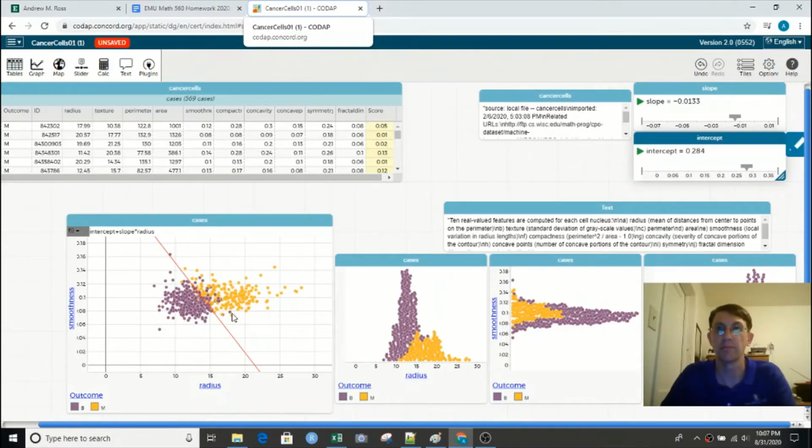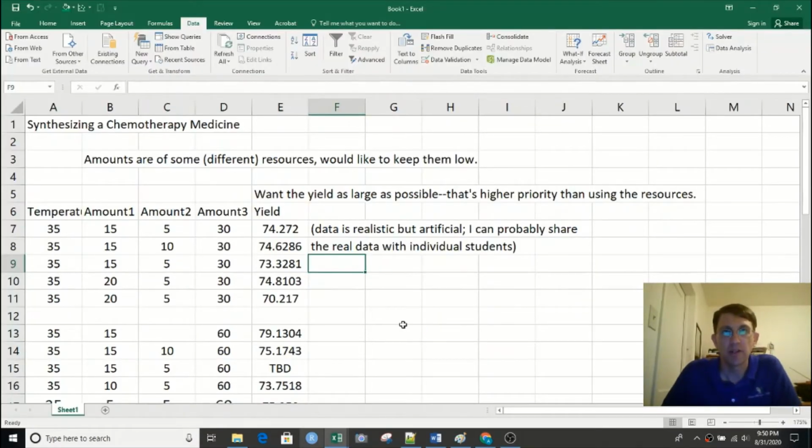I've been in communication with a lab that's trying different ways to synthesize chemotherapy medicines. And here's some data. This is realistic but artificial because I don't think I can show the real data they have in a public video, but I can probably share it with an individual student.